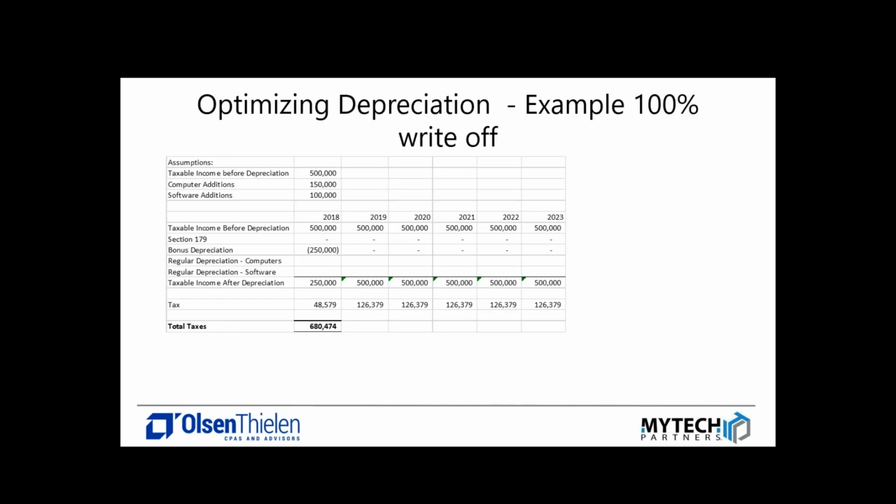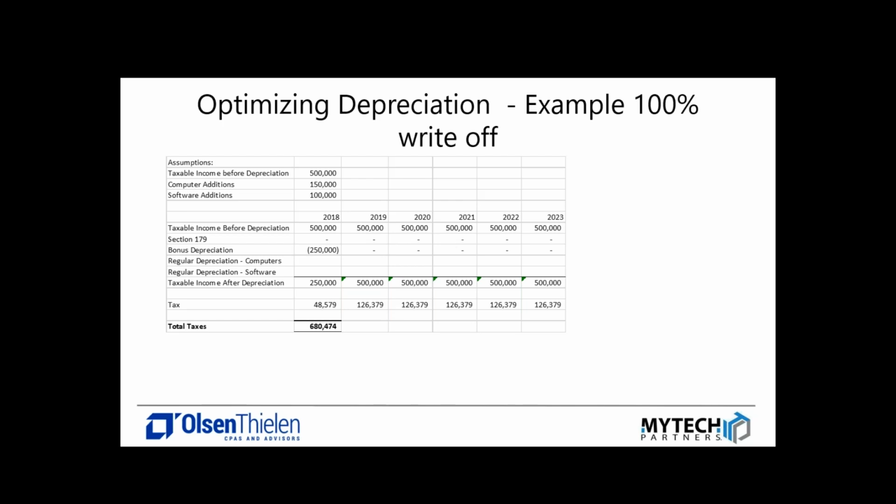So I'll run through an example here. There's taxable income before depreciation of $500,000. Say you have $150,000 of computer additions and software additions of $100,000, and you write off all $250,000 of those additions through bonus depreciation in the first year. That drops your taxable income down to $250,000 for the current year.